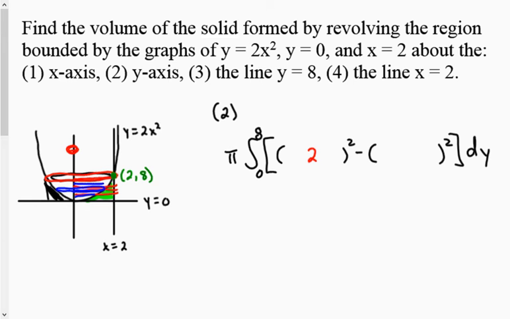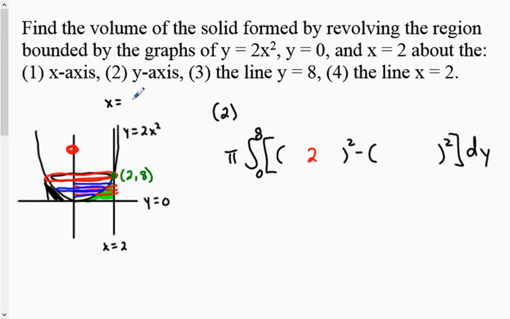So I need to know how far is it from the axis of revolution to this function right here where y equals 2x squared. Well, when we do about the y-axis, everything needs to be in terms of y. So I'm going to solve this for x in terms of y.